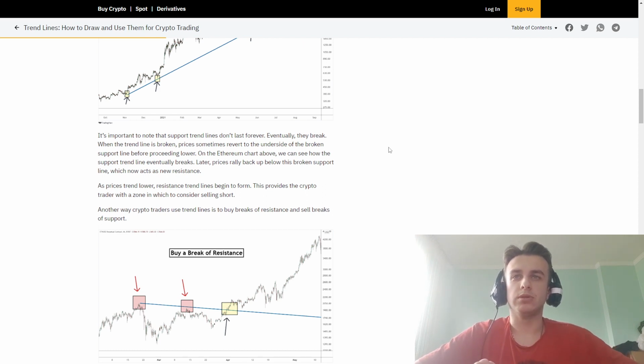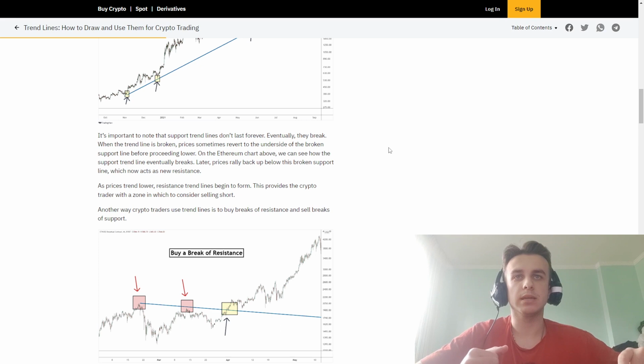It's important to note that support trend lines don't last forever. Eventually they break. When the trend line is broken, price sometimes reverts to the underside of the broken support line before moving lower. On the Ethereum chart above we can see how the support trend line actually broke.